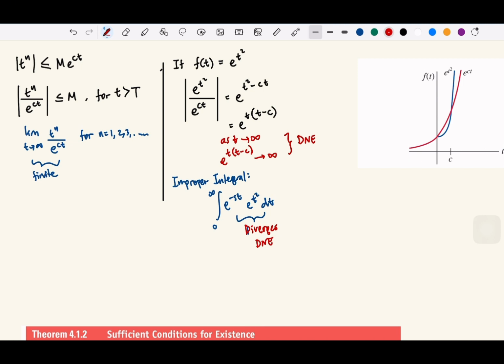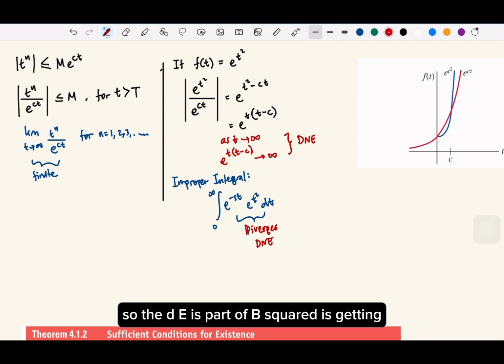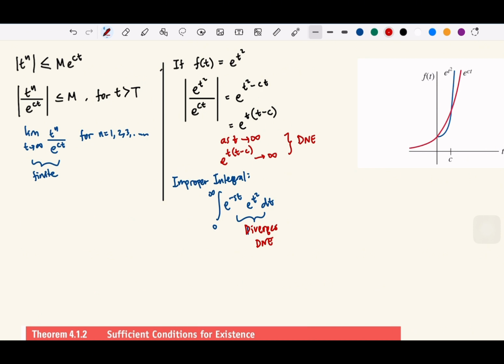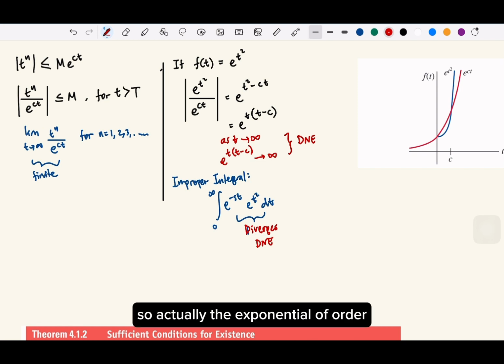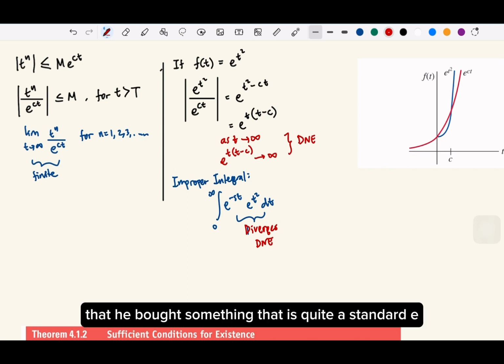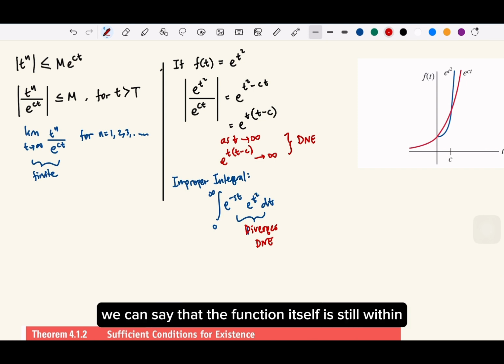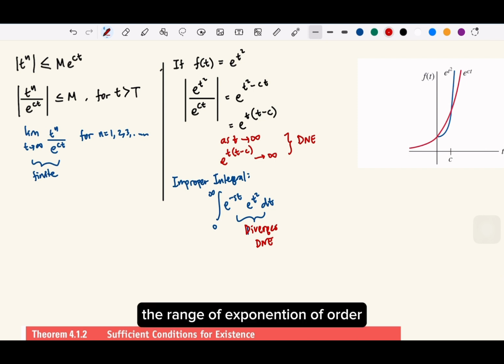If we look at the graph visually to see why this happened, it is because e to the power of t squared is getting faster than e to the power of ct. So for exponential order, we compare the function with the exponent, e to the power of something, which is quite standard. Whenever the function is still slower than the exponential, we can say that the function itself is still within the range of exponential order.